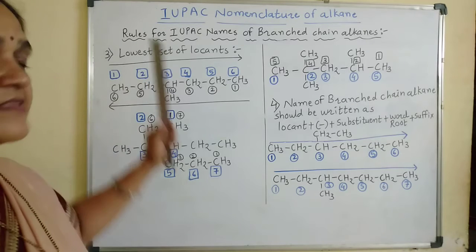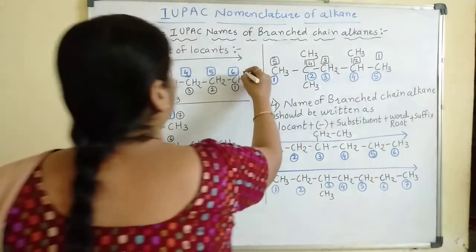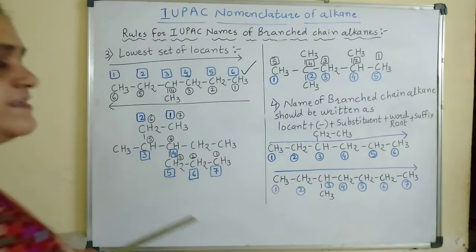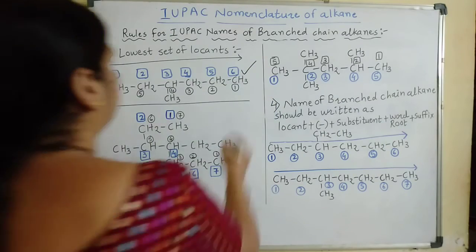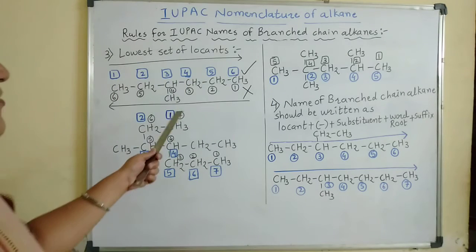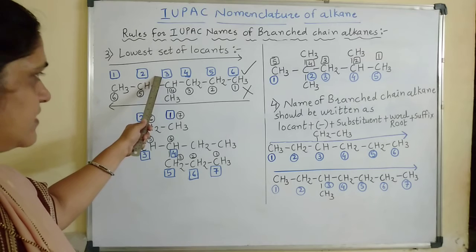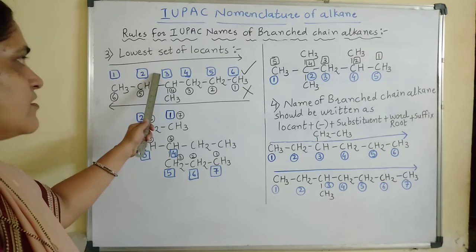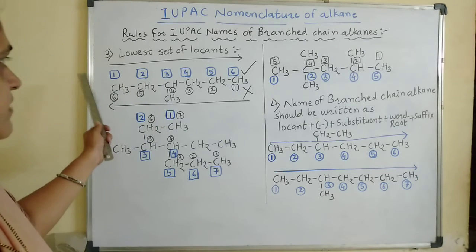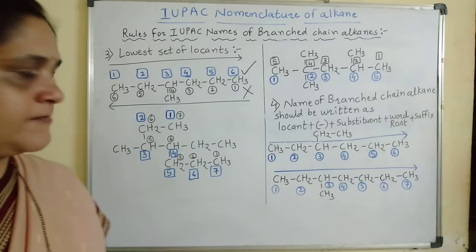The carbon number 3 is lower. Therefore, our numbering from left hand side to right hand side is correct, but the numbering from right hand side to left hand side is wrong. As the substituent-carrying carbon is getting the lowest possible positional number, or lowest possible locant, the numbering of the carbon chain from left hand side to right hand side is correct.